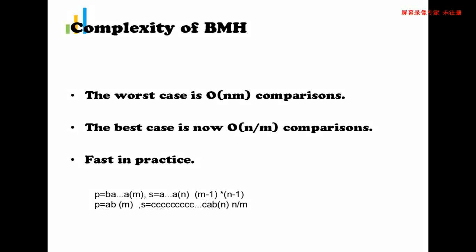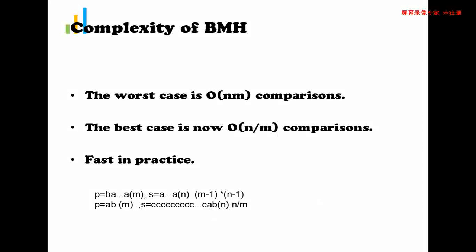So we can skip two letters, and because they are all the same, each time we can skip M letters, until we get here and find ourselves a match, which means there are N letters in the string, and each time we skip M letters, and we have N over M skips, right? So that's how we got the best case.